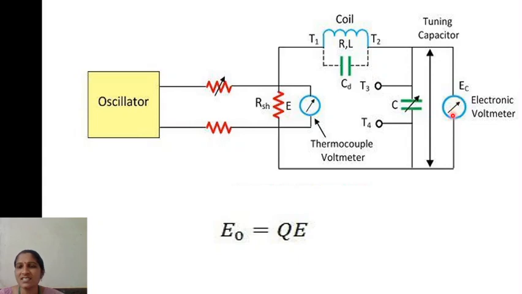This EC is nothing but the capacitor voltage, and the ratio of this capacitor voltage to the input voltage, that is EC by E, indicates the quality factor. So EC is equal to Q into E, where Q is the quality factor.